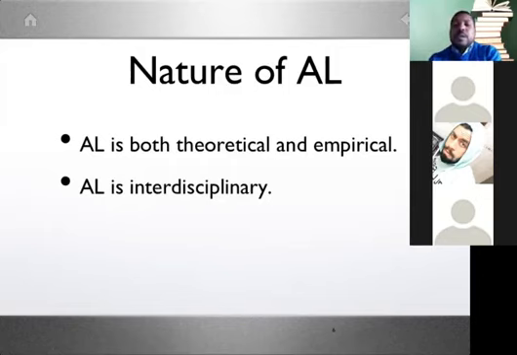Why? Because they are all interested in the same issue, which is language. Interdisciplinarity also means that applied linguistics shares terminology with other fields. Many of the terms that are used in applied linguistics are also used in other fields, namely those which I mentioned before.